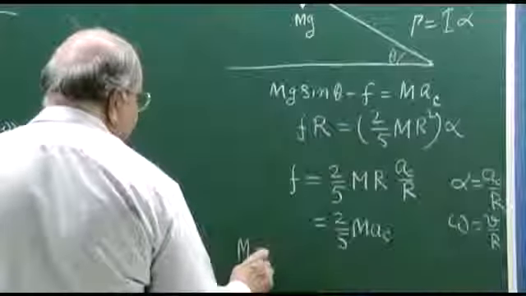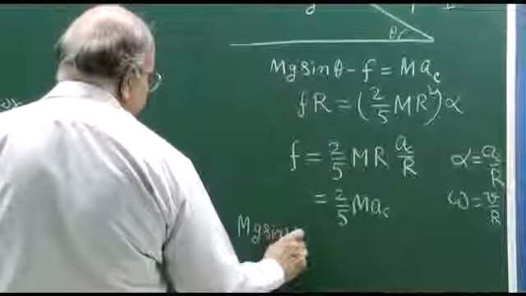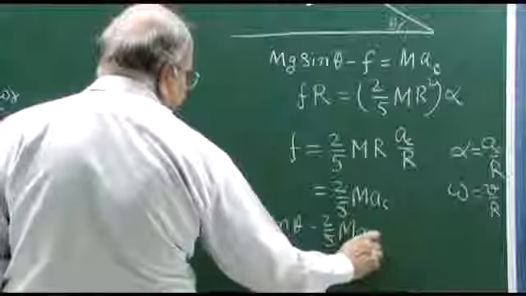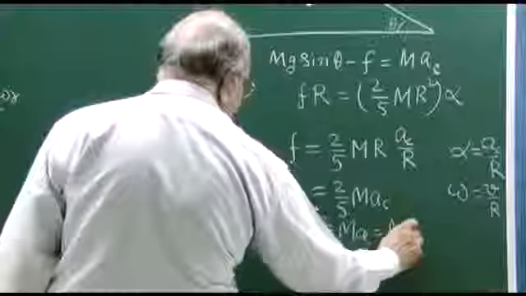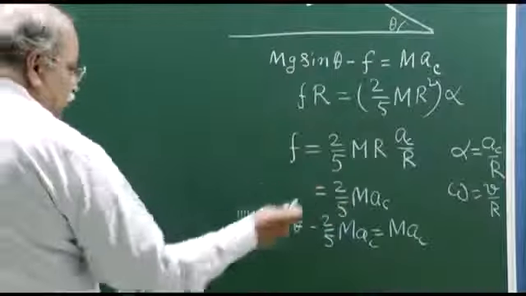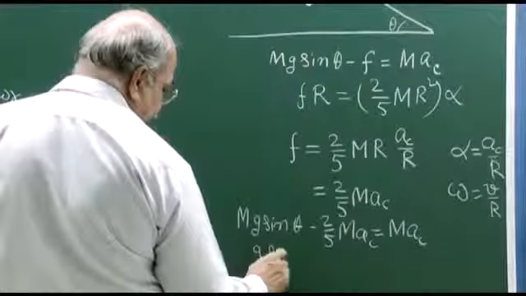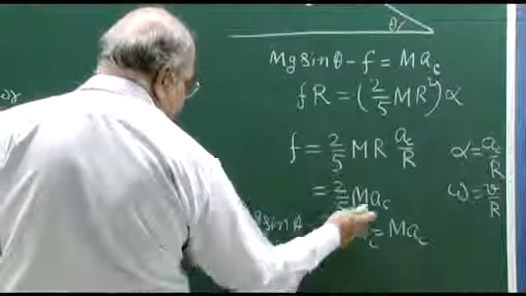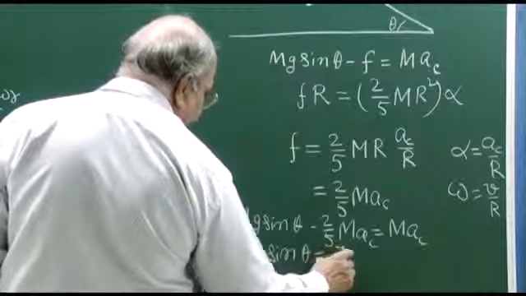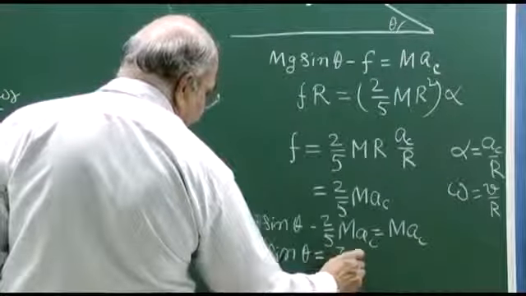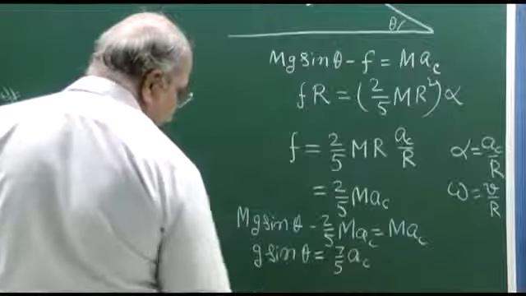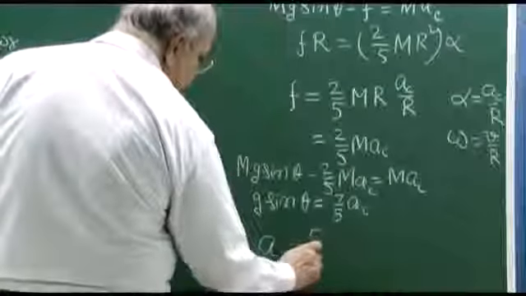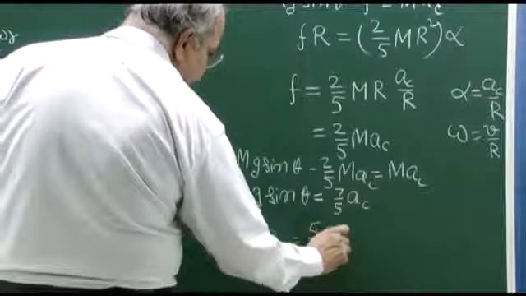So, m g sin theta minus 2 by 5 m a_c. The m cancels out everywhere, so g sin theta is equal to 2 by 5 a_c plus a_c, which becomes 7 by 5 a_c, and hence the acceleration is 5 by 7 times g sin theta.